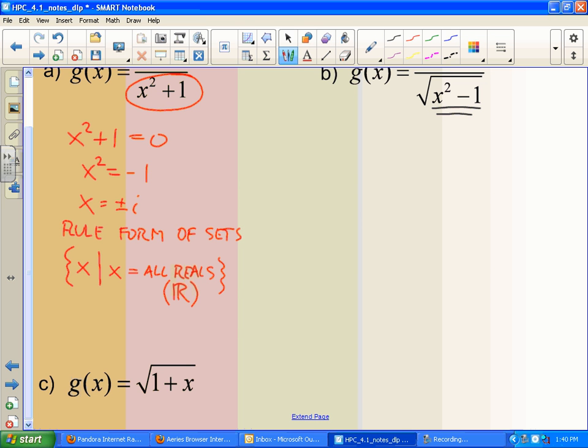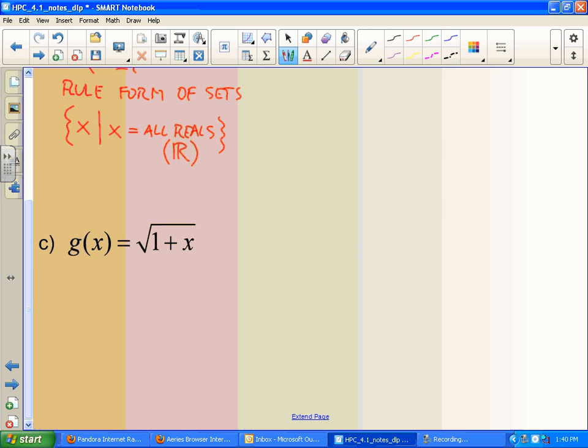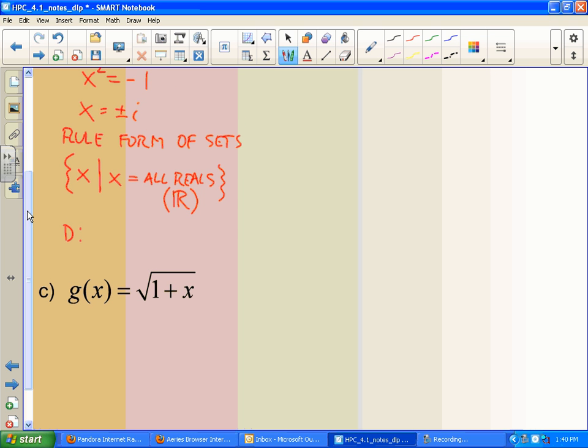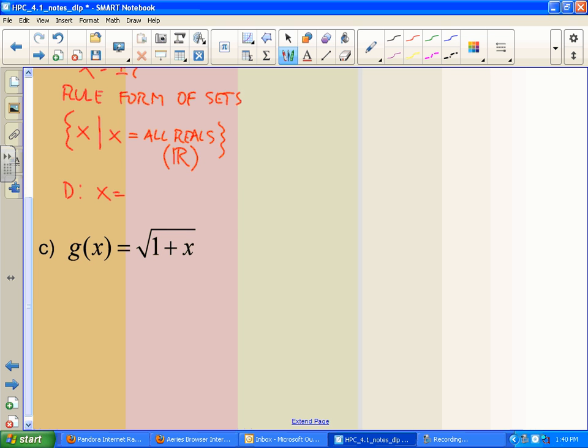We could use the same thing to write range. Probably more of a formal way. I kind of am a little more on the informal side when it comes to set. But this is also a description of the domain of this thing. If I were to write in inequality notation, x equals all reals, or maybe using interval notation, x would be negative infinity to infinity.